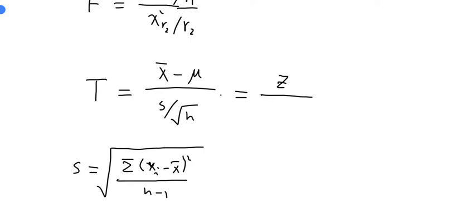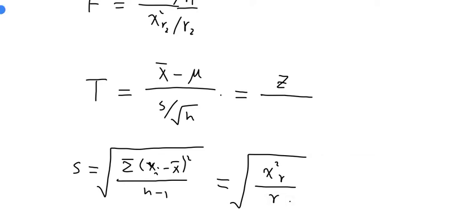Okay, so we can say that xi minus x bar, if xi is normal, then this is also normal. So this becomes normal squared, and normal squared is chi-square. So we can say S squared equals a chi-square distribution with degree of freedom r, then divided by r. Okay.